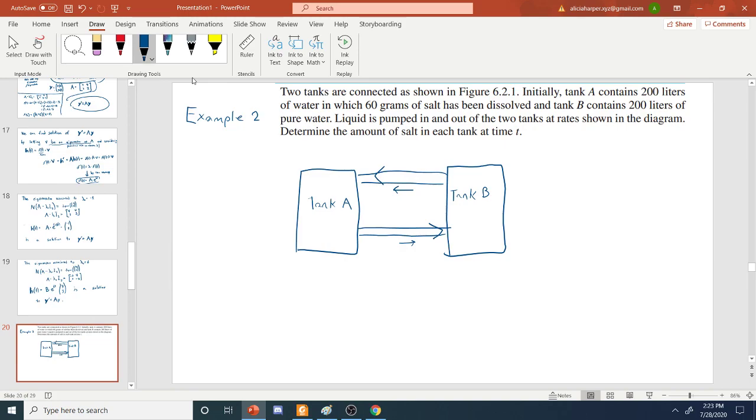And so the rate here is going to be, say, liquid is going from tank B to tank A at a rate of 2 liters per minute.